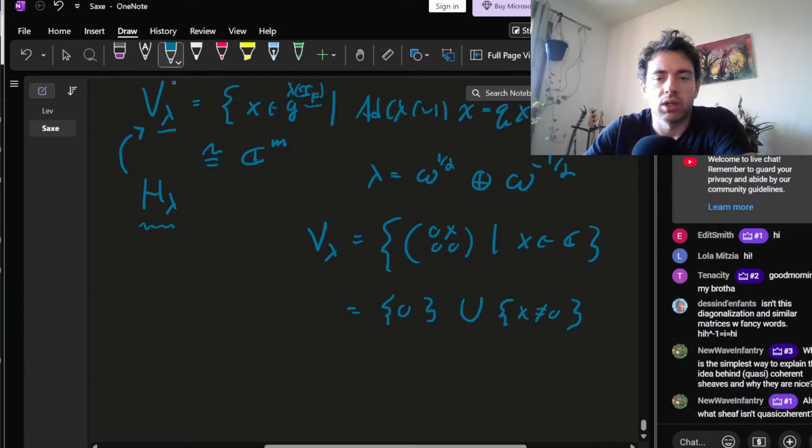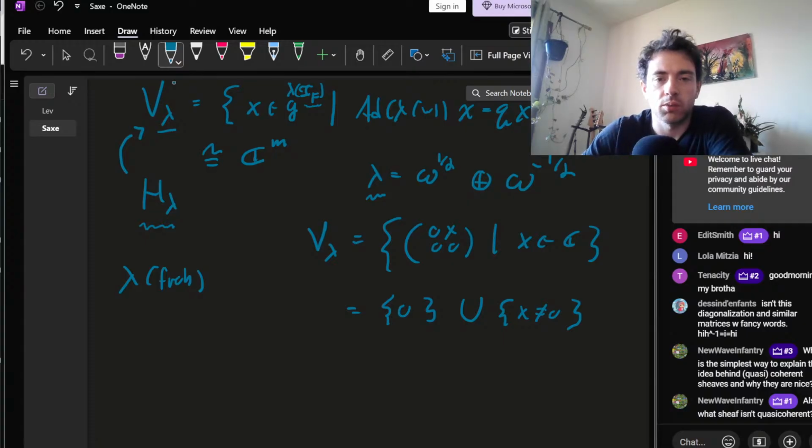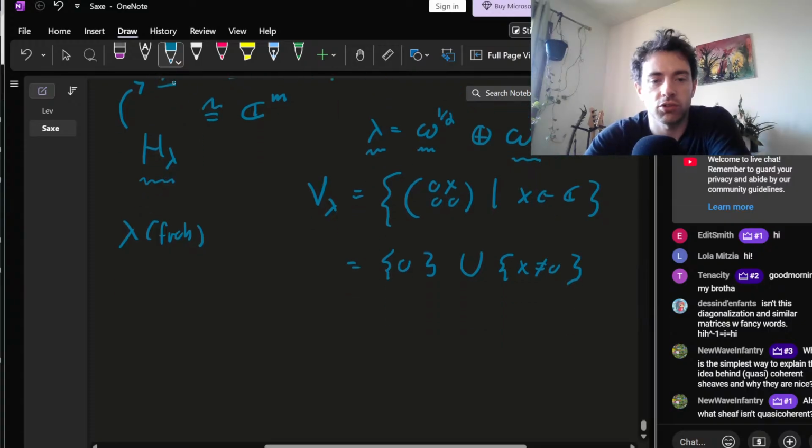So can we see that in terms of the group? Well, remember in this case, because lambda was trivial on the inertia subgroup, it just reduced to looking at conjugation by lambda at Frobenius. And when you plug Frobenius in here, omega takes Frobenius and returns Q.